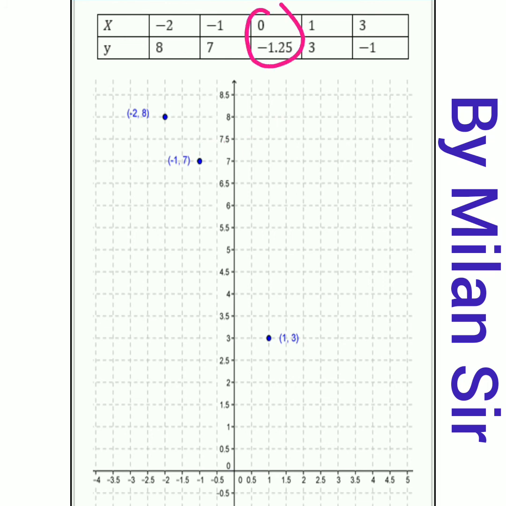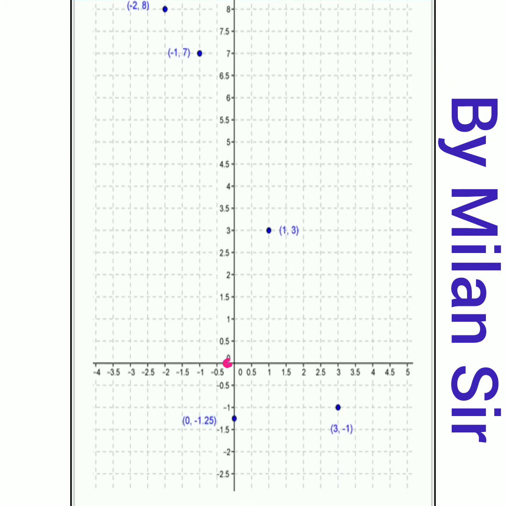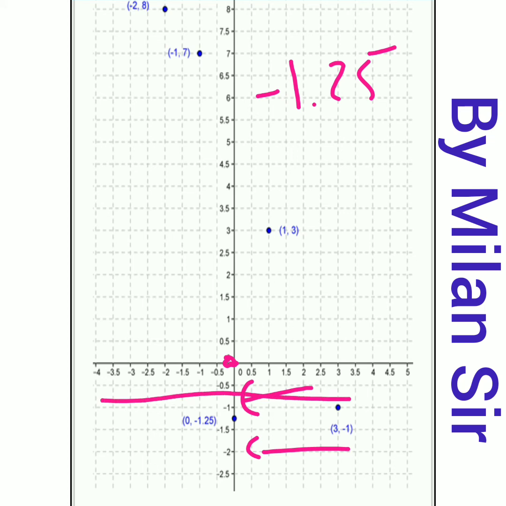Next is 0, minus 1.25. So on the x-axis you need to locate 0, and on the y-axis minus 1.25. On the y-axis we need to look at this. Now on the y-axis we have here minus 1 and here minus 2. Now in the graph, these are your two dark lines, right? In between, at the center, you have one light line.